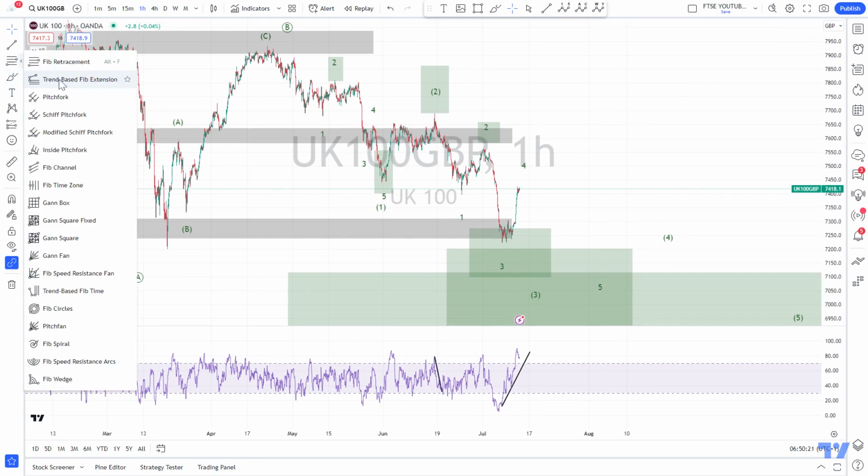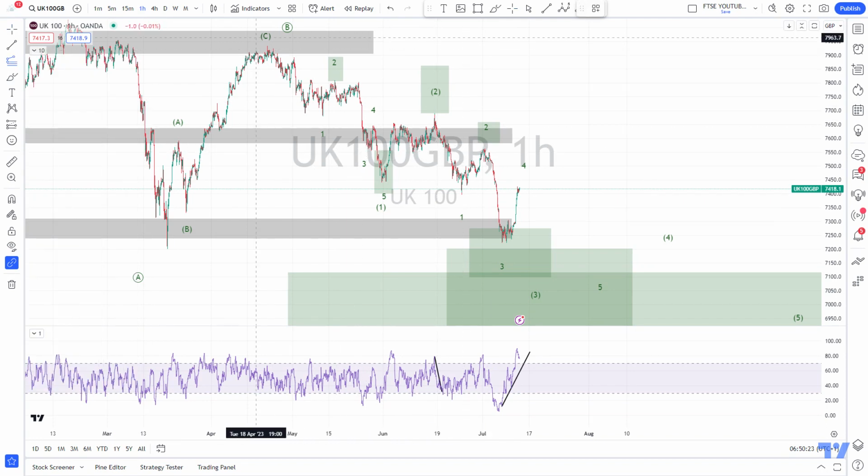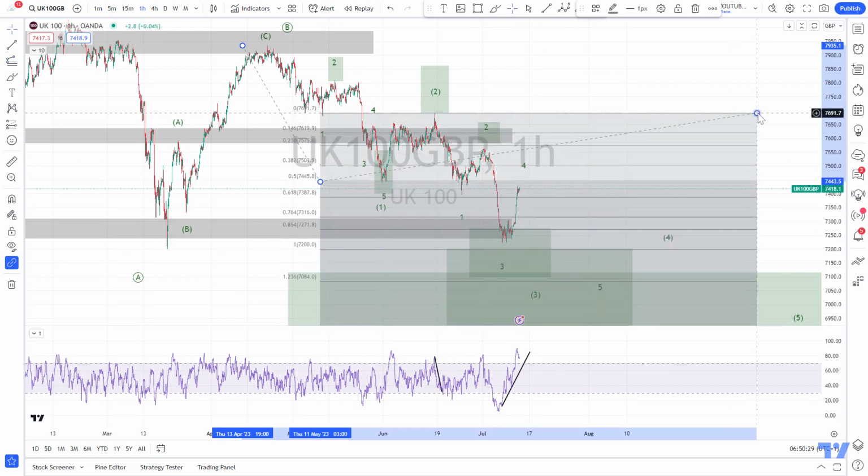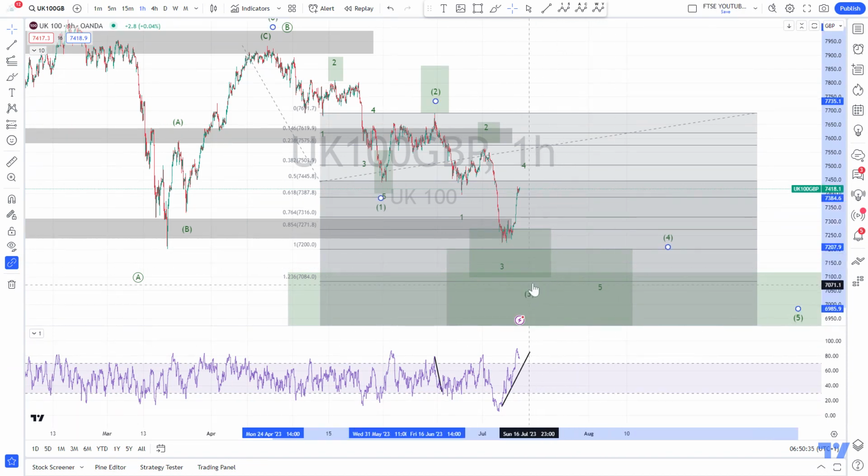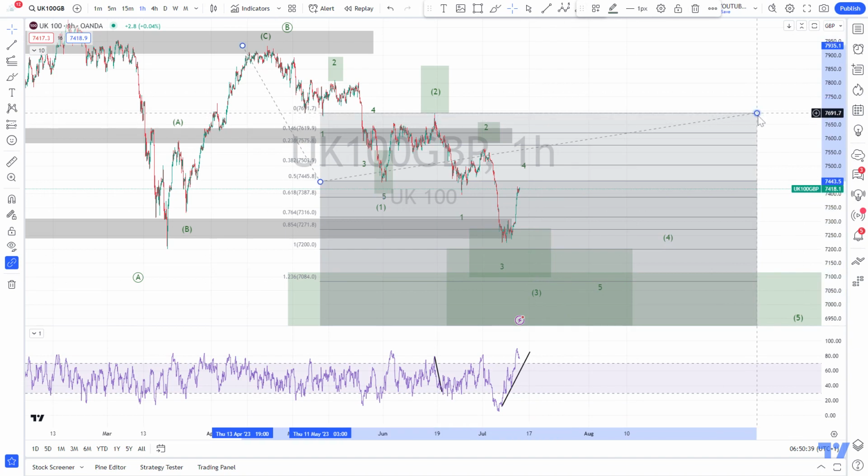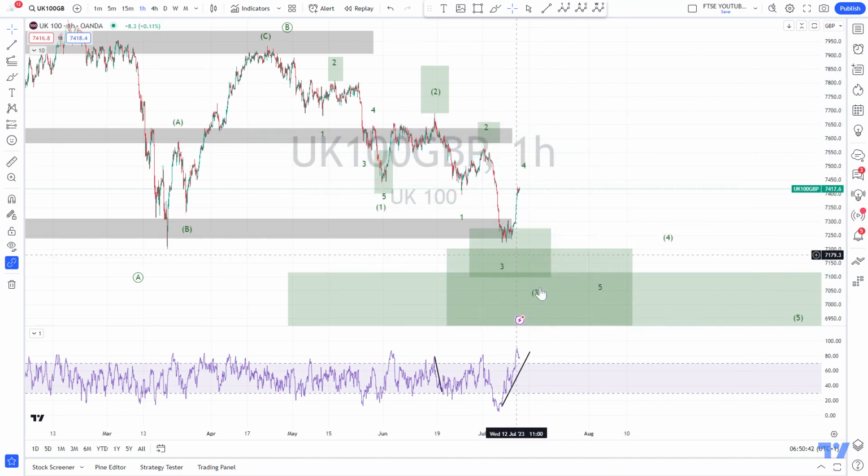This area we find by taking the length of wave 1, the length of wave 2, and then in this area between the 1 and the 1.618 fib extension, this wave 3 should end. And this wave 3 also consists of subwaves.